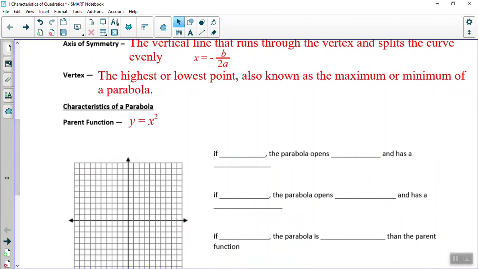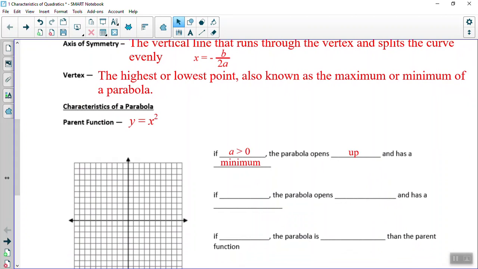So let's take a look at what happens with some of these pieces. All right, so if my a value, that's the coefficient of x squared, is greater than 0, that means if it's positive, the parabola opens up. And it has what we call a minimum.